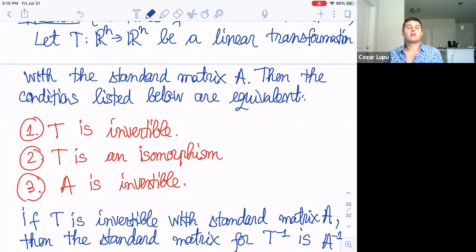Look at the conditions, they're equivalent. So my linear transformation is invertible if and only if the standard matrix associated to that linear transformation is invertible. It's pretty simple, right?